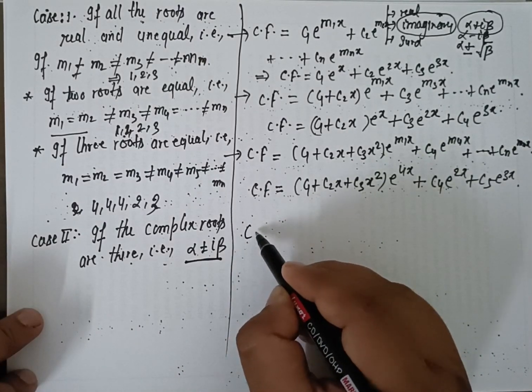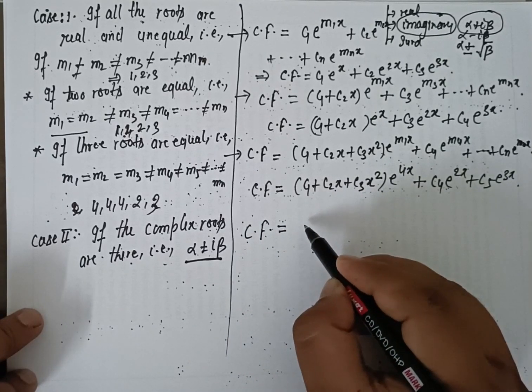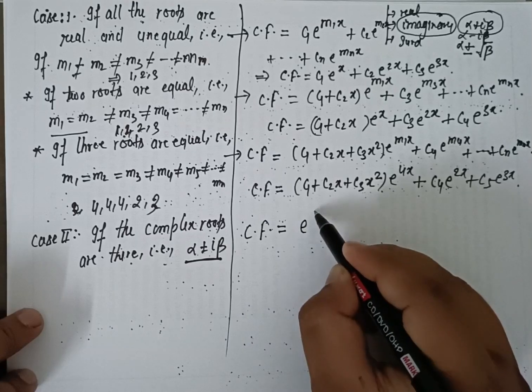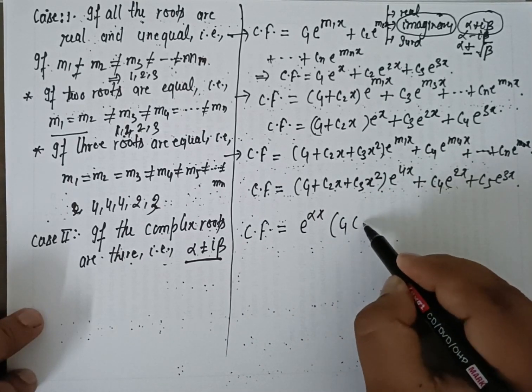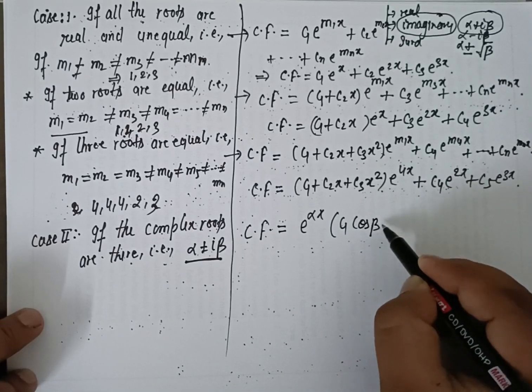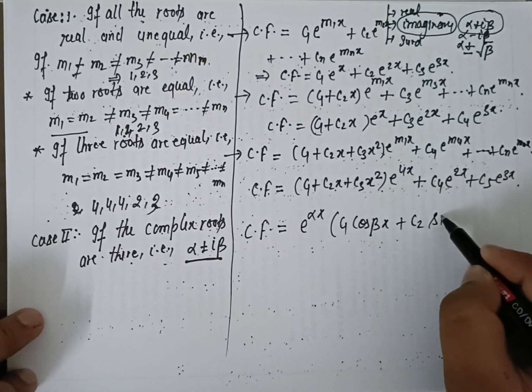So how will we decide the complementary function? The complementary function will be e to the power alpha x, c1 cos beta x plus c2 sin beta x.